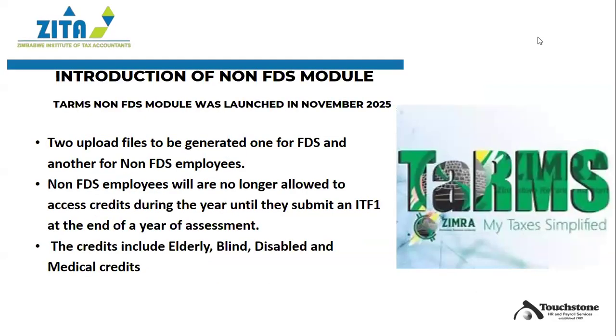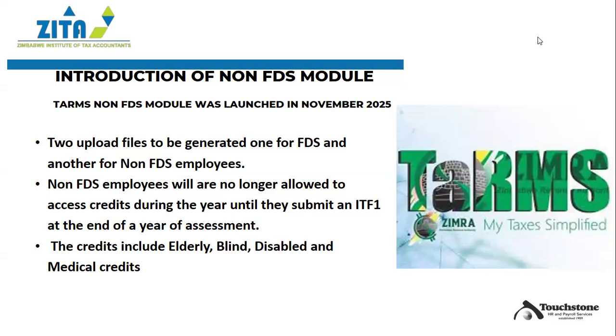Right, now moving on, we had the introduction of the non-FDS module, and this was introduced in November 2025. If you remember very well, this came in and two upload files were now supposed to be generated. In other words, two ITF-16s, which we're doing on a monthly basis: one for FDS and the other for non-FDS employees.